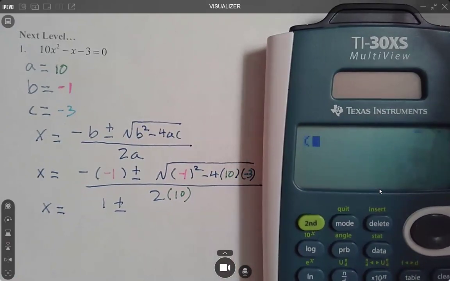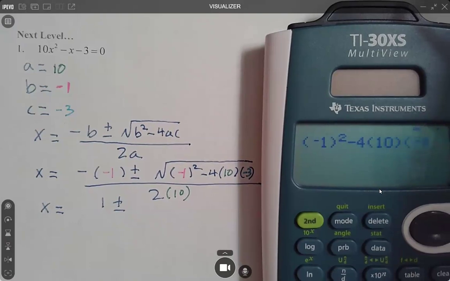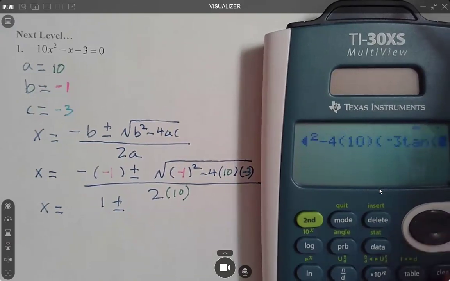We're going to have negative 1 squared minus 4 parentheses 10 parentheses negative 3. Let me try that again. Hit enter. It's 121.